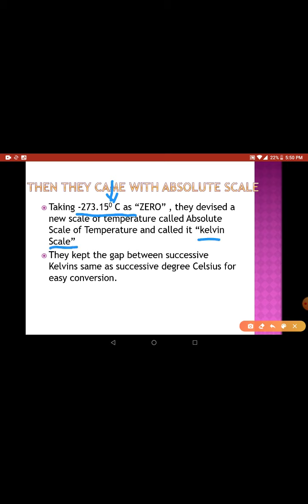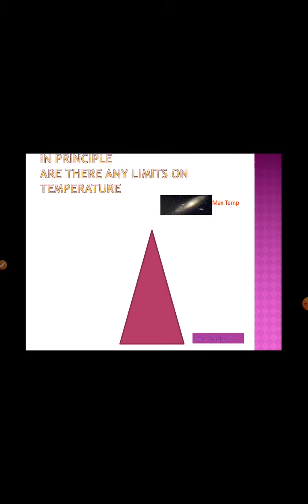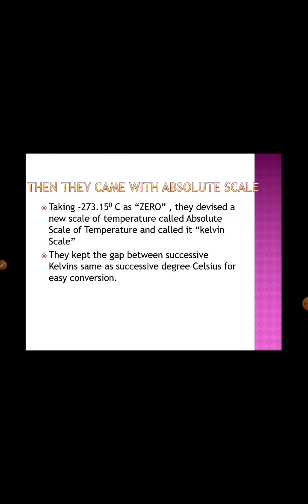Here the interval between successive kelvins was kept the same as successive degrees Celsius, so that you can easily convert temperatures from Celsius to Kelvin. So this is the new scale called the absolute scale or Kelvin scale, which they devised by taking minus 273.15 as 0.